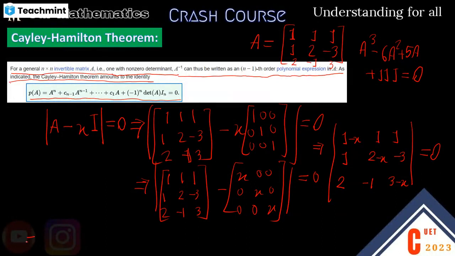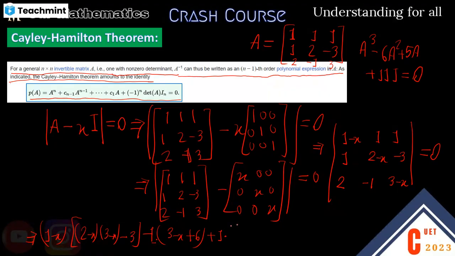We get 1 minus x into (2 minus x into 3 minus x minus 3) minus 1 into (3 minus x plus 6) plus 1 into (minus 1 minus 2 into 2 minus x) is equal to 0.